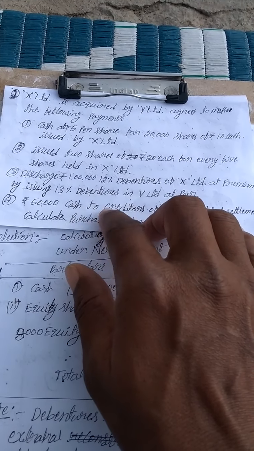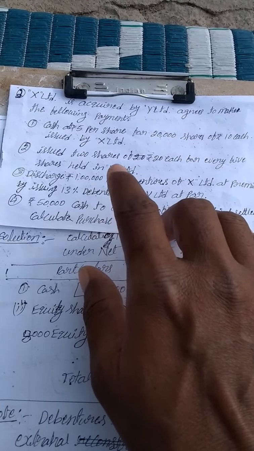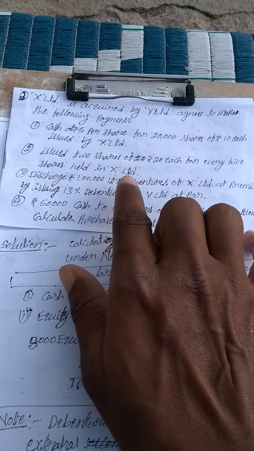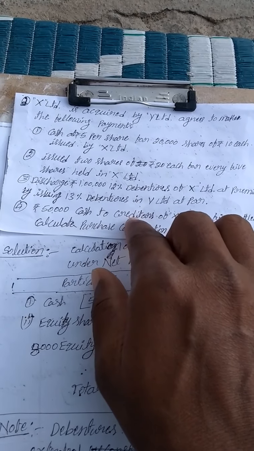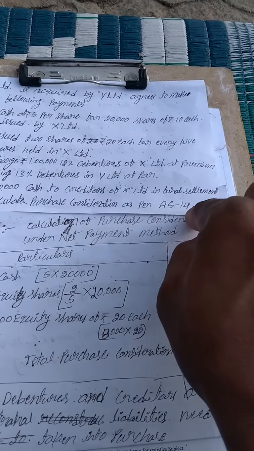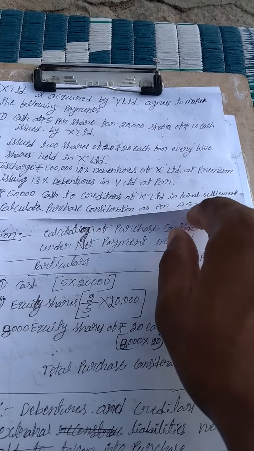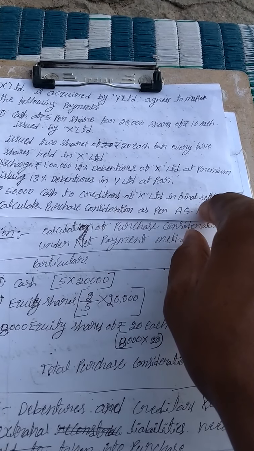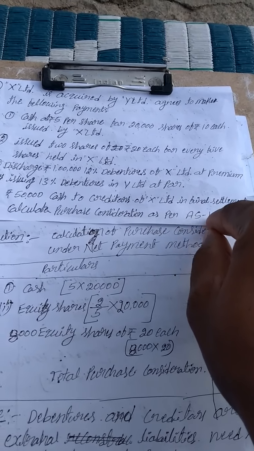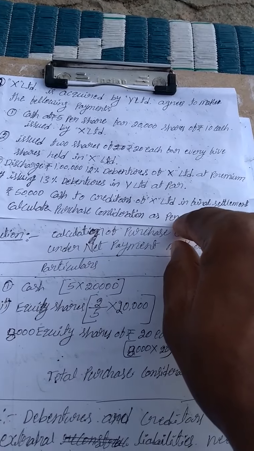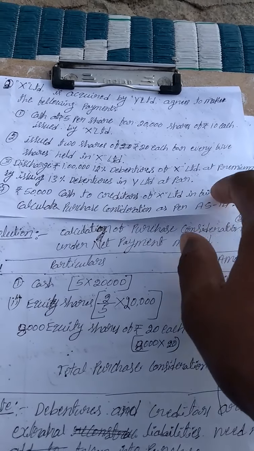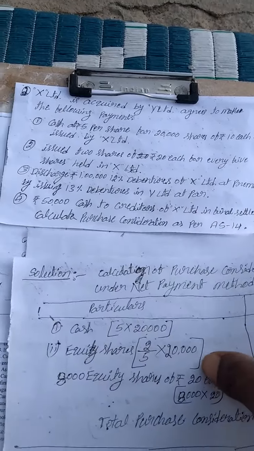Whatever payment to creditors under the net payment method, you have to ignore. Write a note on both debentures as well as creditors. Calculate purchase consideration according to Accounting Standard 14. We will calculate according to Accounting Standard 14 only. Whether they specify it or not, we are going to calculate according to Accounting Standard 14 itself.